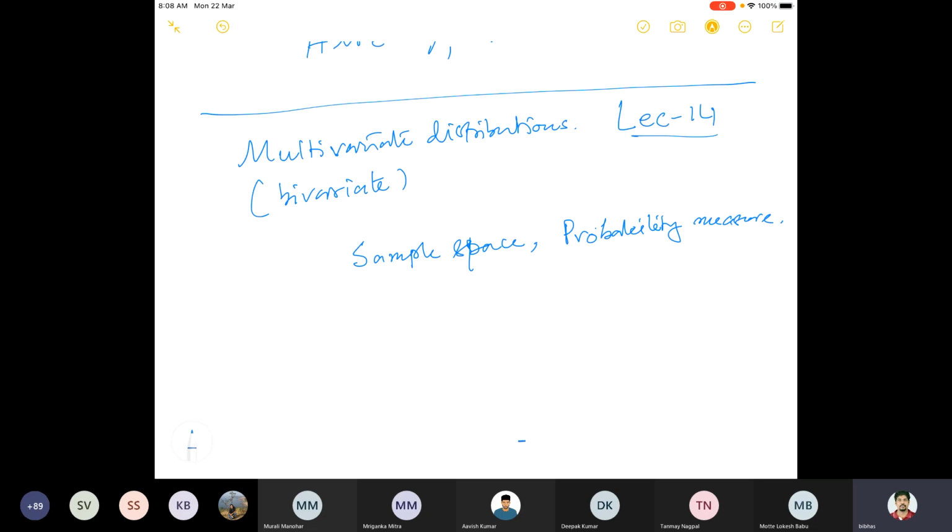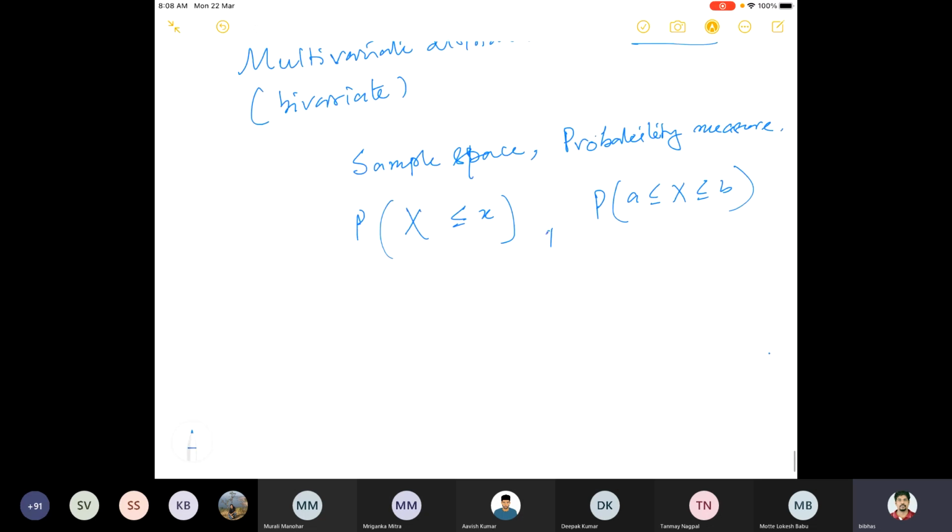So we talked about X less than or equal to some x, or X equal to x, or maybe the probability of a less than or equal to X less than or equal to b. These are the things we discussed.